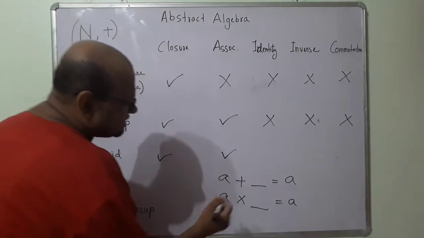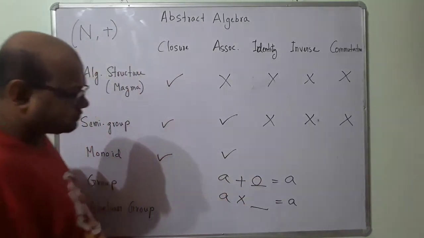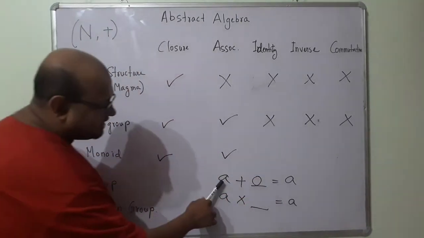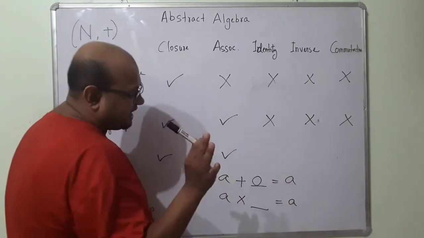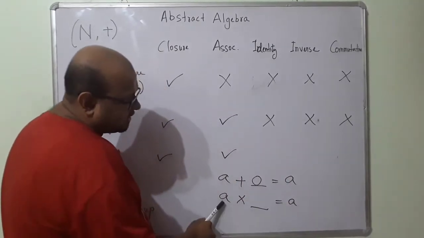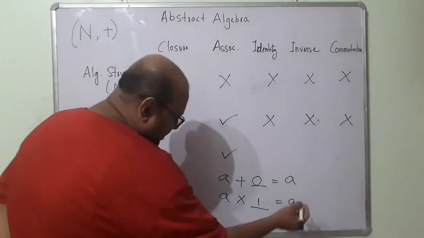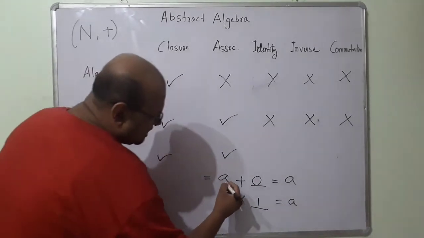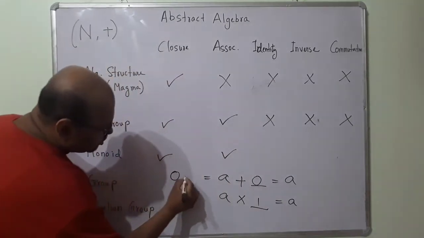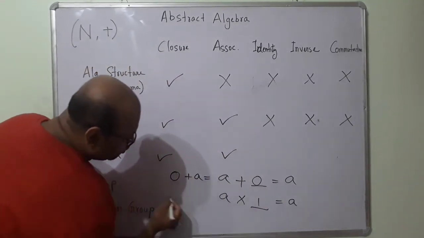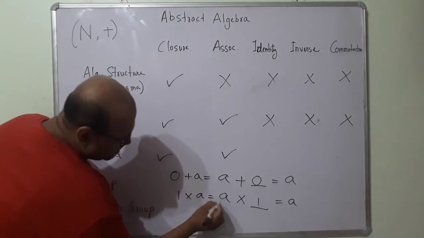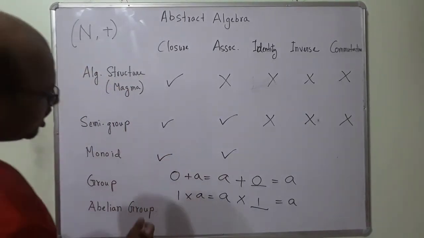Yes, there is 0. So when I add 0 to A, it will give me A. Is there anything that when I multiply with A, it will give me A? Yes, there is 1. And there is one more thing: A plus 0 is equal to 0 plus A, and A into 1 is equal to 1 into A. So this is called identity.